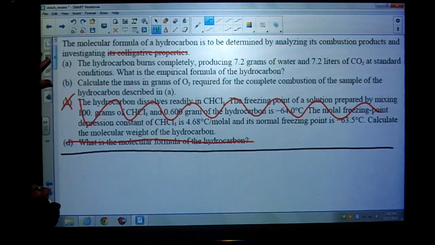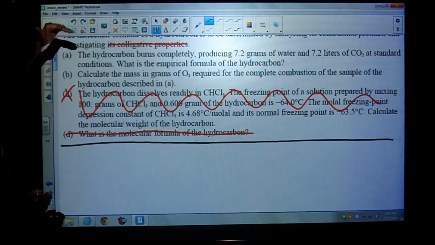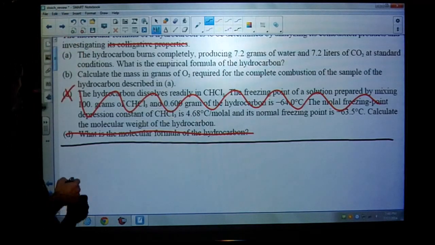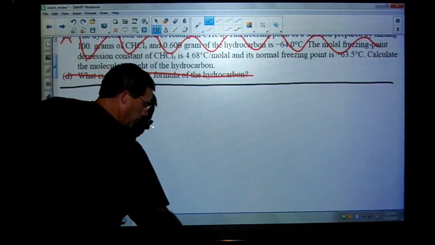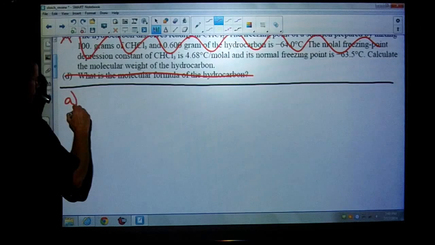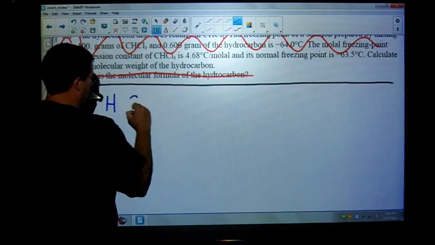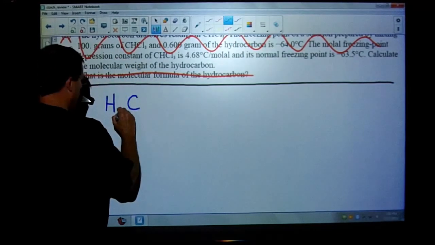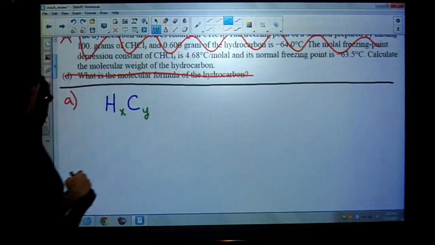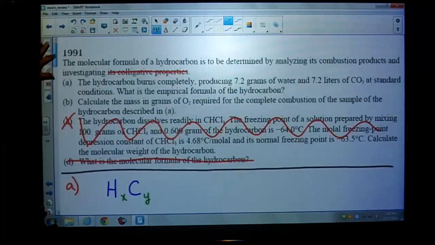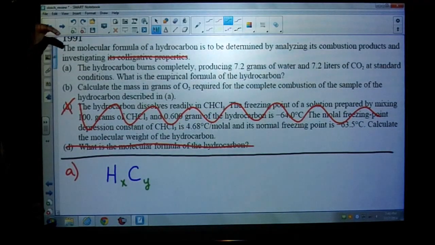So we have this hydrocarbon, and this hydrocarbon has hydrogen and carbon. We're looking for this hydrogen carbon compound, and we'll say that it's X and Y. The information that's given to us is that it burns completely producing water and carbon dioxide.